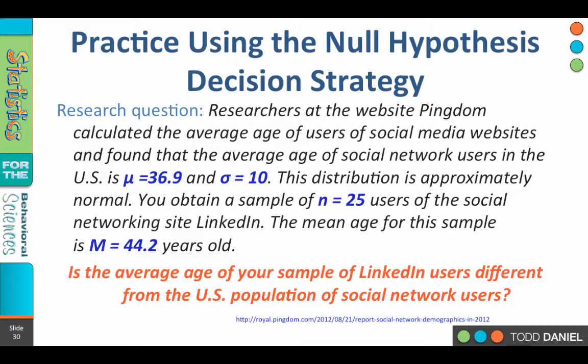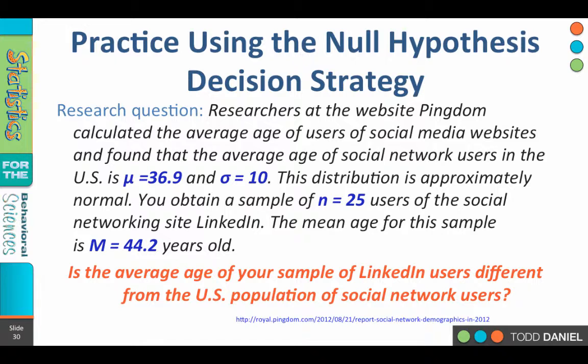Researchers at the website Pingdom calculated the average age of users of social media websites and found that the average age of social network users in the United States is a mu of 36.9 with a standard deviation of 10. This distribution is approximately normal. You sample 25 users of the social media site LinkedIn. The average age for your sample was 44.2 years old.